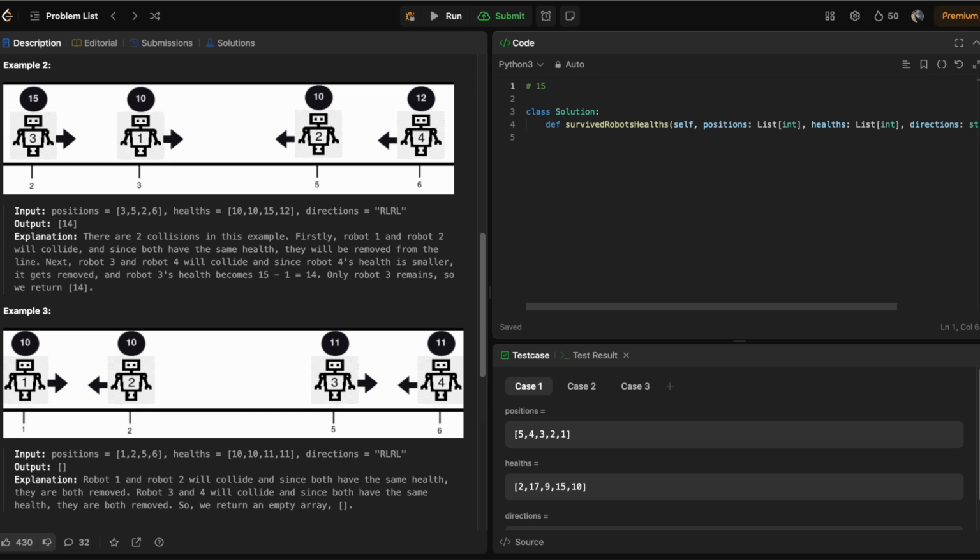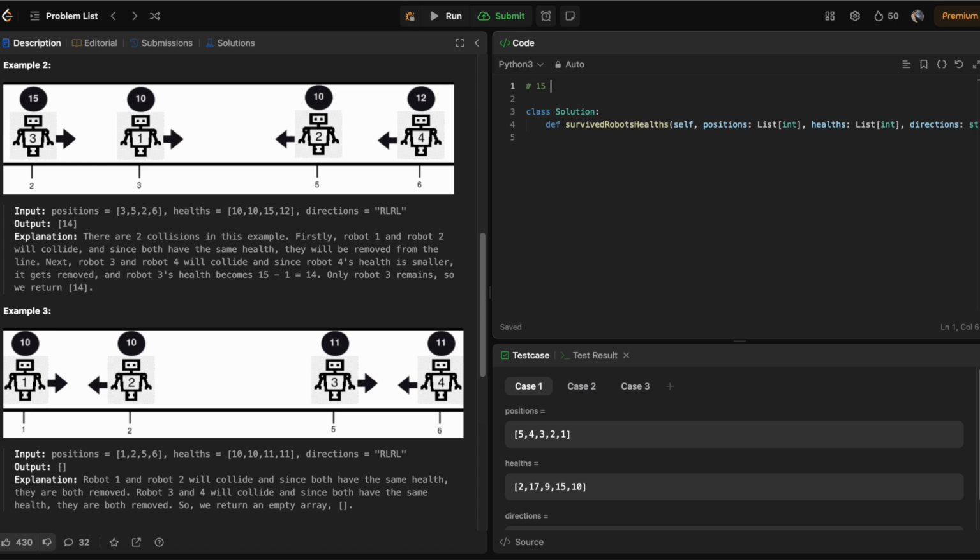So we can do 15, then we put 10 on the stack, and then 10 from the other direction happens. So then these two robots destroy each other. So now we only have 15 on the stack, and then we put on 12. 12 is less than 15, so we just replace 15 with 14.